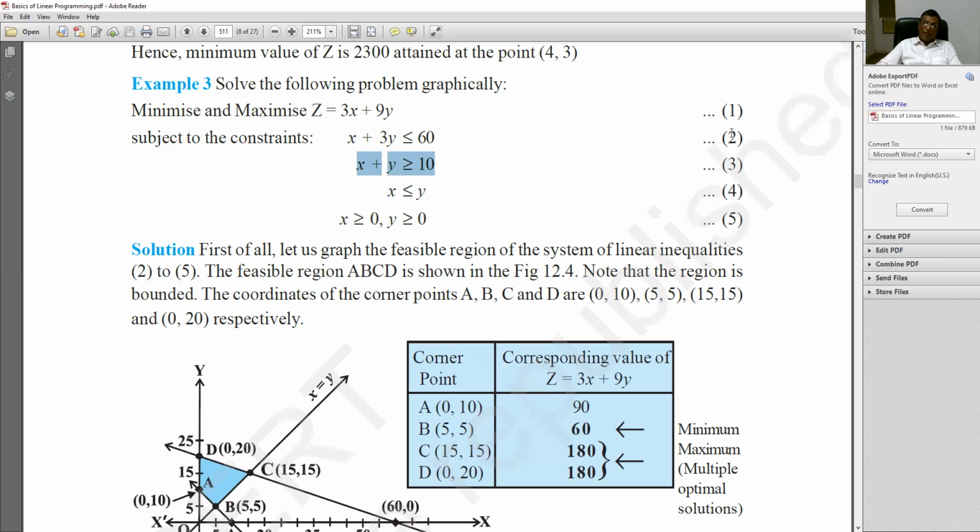Now, by the method of inspection, we are going to get the solution of equation 1. Your equation is x plus 3y is equal to 60.